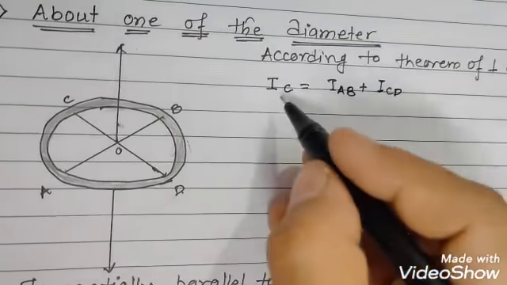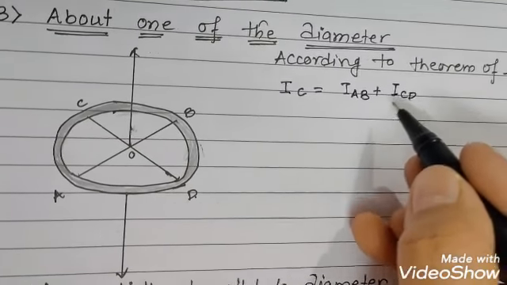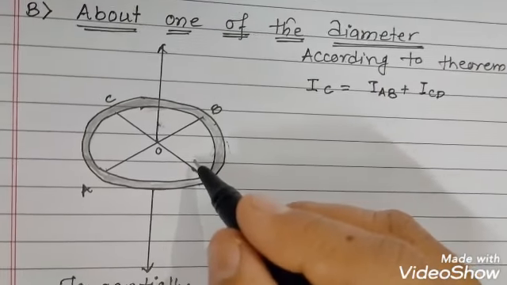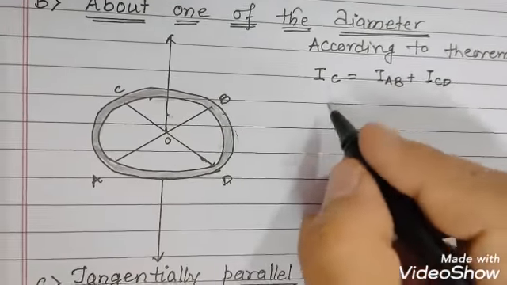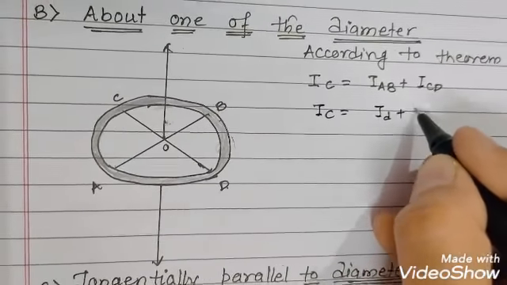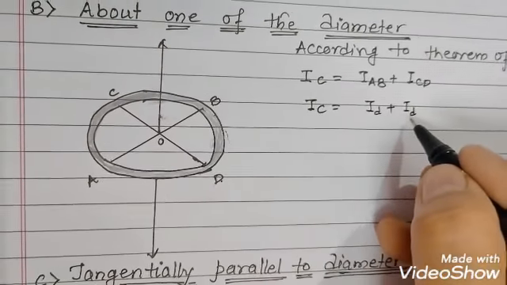Okay, so IC must be equal to IAB plus ICD. AB and CD are the two diameters of the circular ring. So I can write here this as ID and ID. Both will be equal then. Okay, so ID and ID.